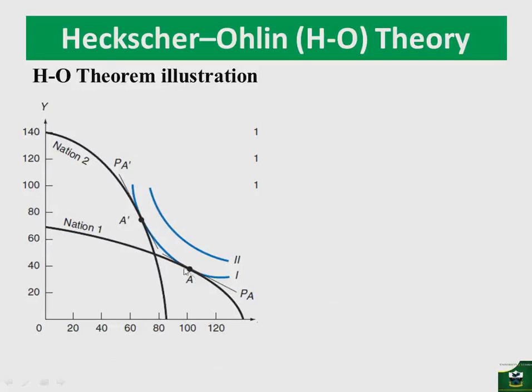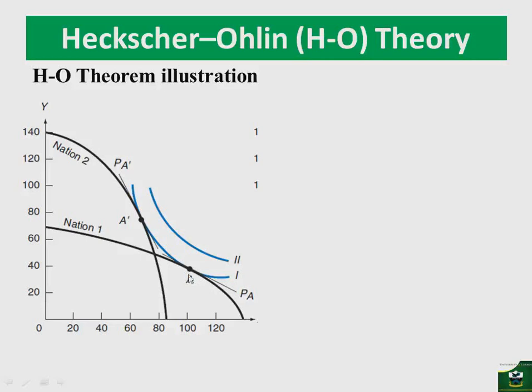Nation 1 is in autarky at point A, while Nation 2 is in autarky at point A prime. You will notice that both nations are on the same indifference curve, which shows that they have equal tastes. So the tastes are equal, and what is different is just the capacities in their production process due to their factor intensities.